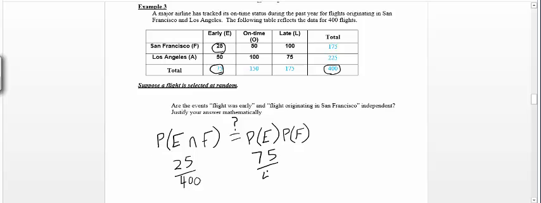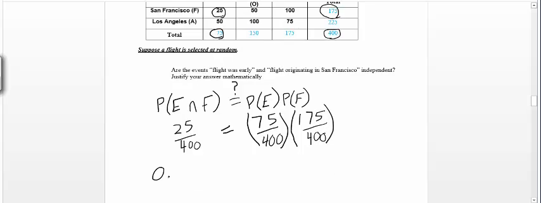Total 75 flights out of 400 were early. Probability that a flight is from San Francisco is the total 175 flights were from San Francisco out of the total 400. 25 out of 400, 0.0625 does not equal this multiplied out, 0.082. They are not equal, therefore E and F are dependent events.